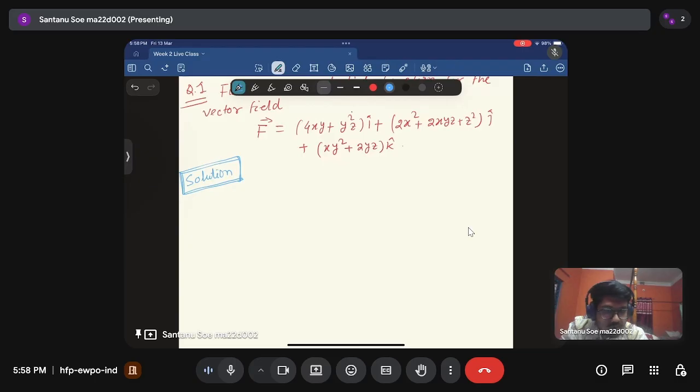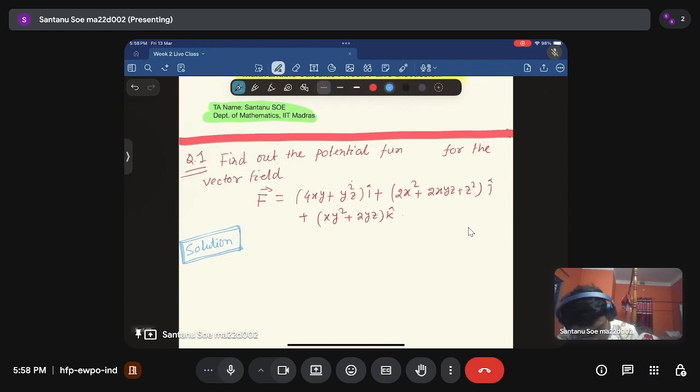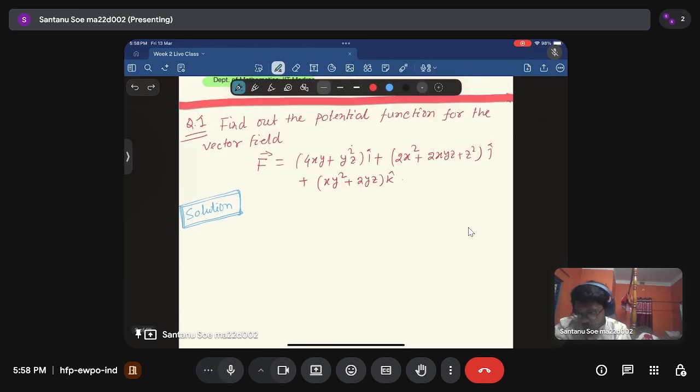Otherwise, we'll move forward. So first we're gonna give the definition of the vector field, and the process how to find that potential function such that F equals to gradient of phi.